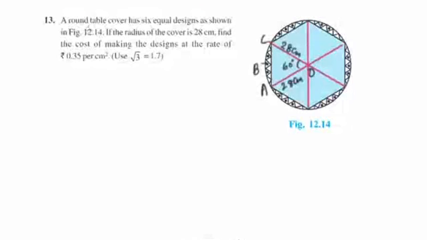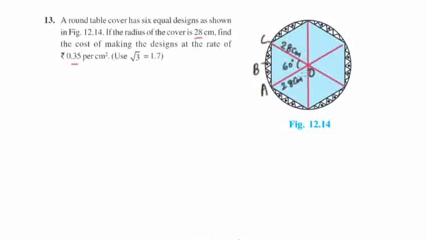Question 13 of this exercise says a round table cover has 6 equal designs as shown in figure. If the radius of the cover is 28 centimeter, find the cost of making the designs at the rate of rupees 0.35 per square centimeter. As it is given in the question that all the 6 designs are equal, if we find the area of one of the design, we can simply multiply it with 6.